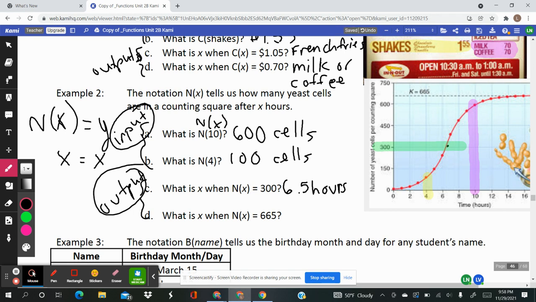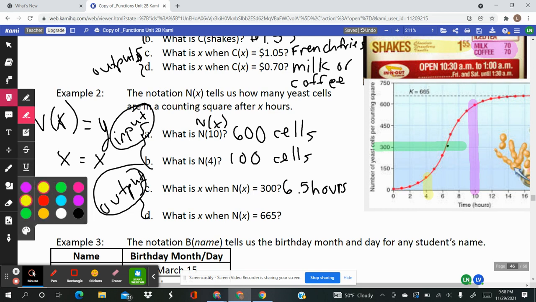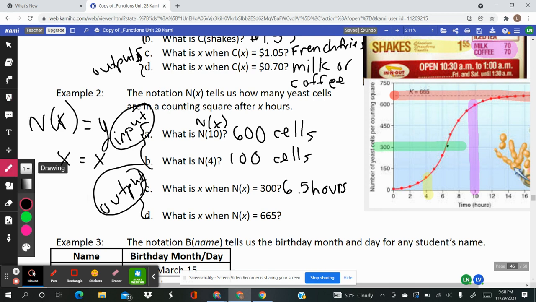Again, some of this is just estimating. For letter D, what is x when n of x equals 665? Well, this one's a little different because it does show you a dashed line. That dashed line indicates that the highest it gets is 665. So that happens at approximately 15 hours.